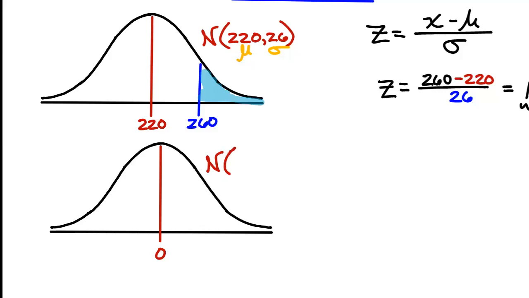It's still a normal curve. 0 is my mean when I standardize. What's the standard deviation? 1. And we're going to put this z-score on here. 1.54, about here-ish. And I'm going to shade it exactly the same way because I want to know the things that are more than 1.5 standard deviations above the mean.